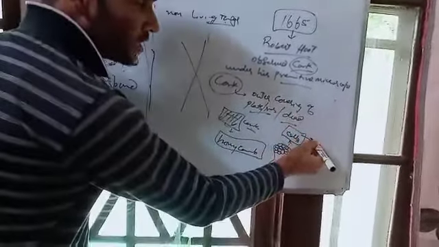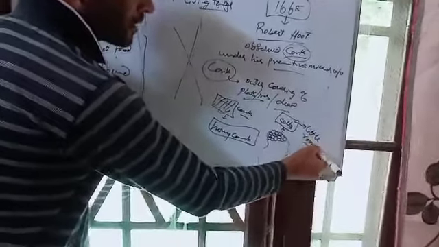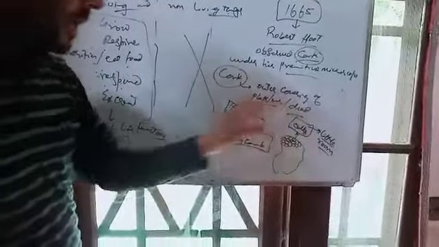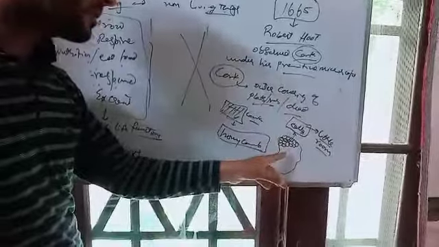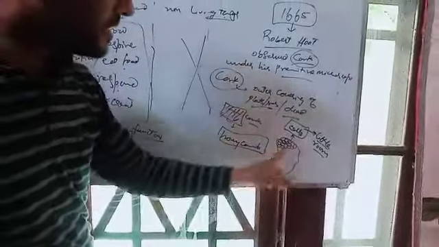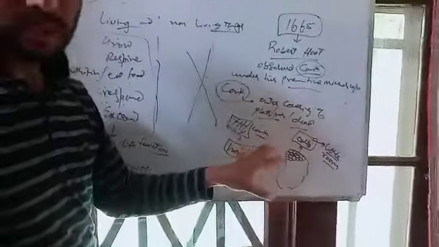Cell means little room. He observed little room-like structures in the tissue and named them cells.